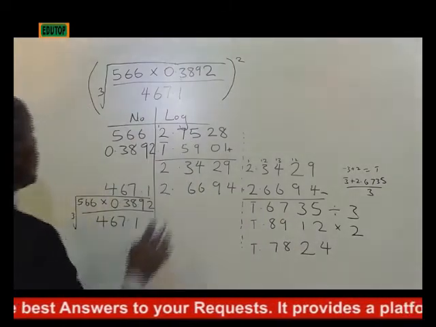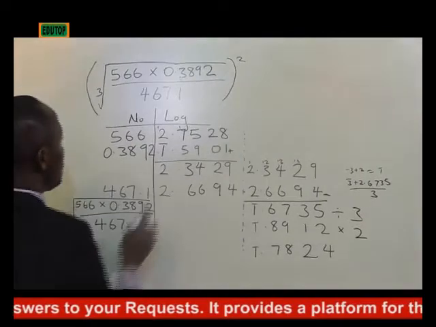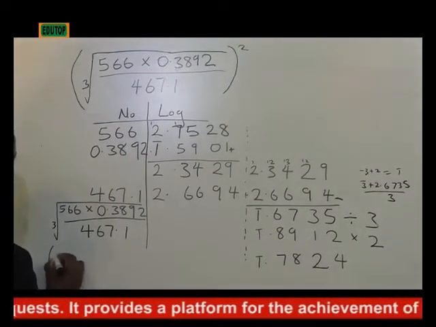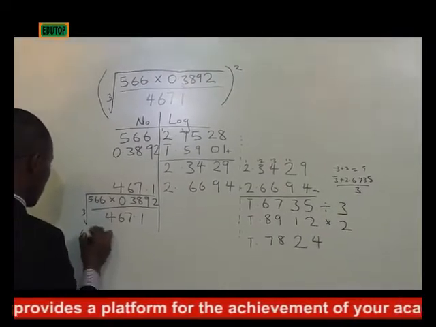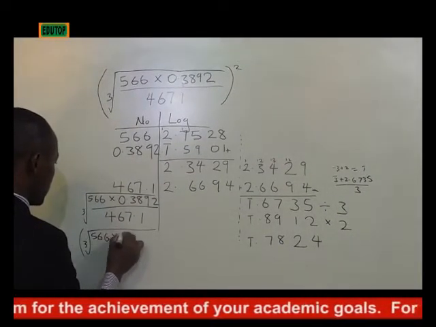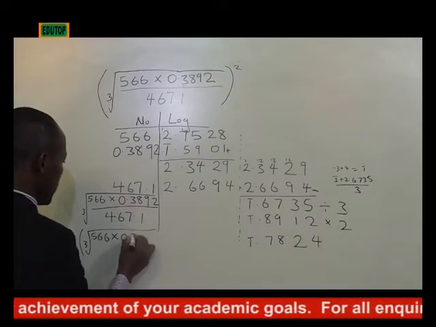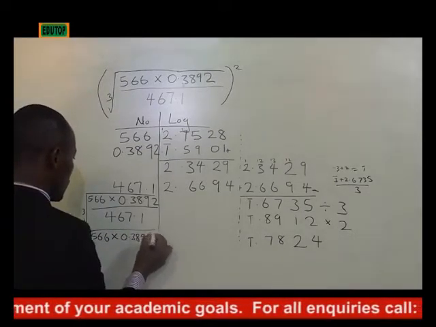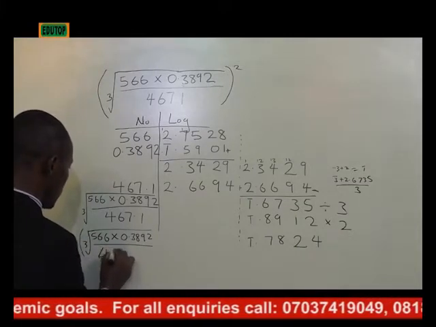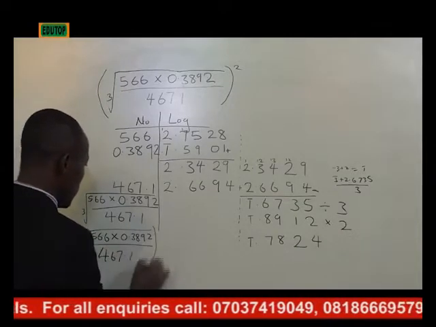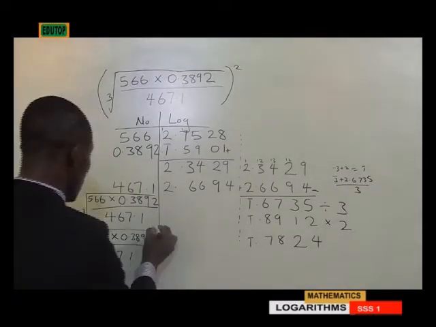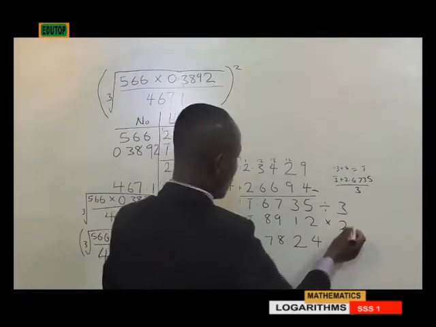Now, for us to eliminate this square, we'll now be having something like this: 3 cube root 566 times 0.3892 all divided by 467.1 all squared. So to eliminate this square, we have to multiply by 2.